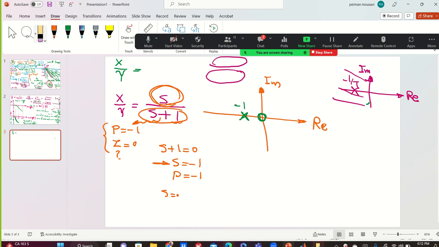So having said that, x over y I'm gonna replace again with i omega over i omega plus 1.